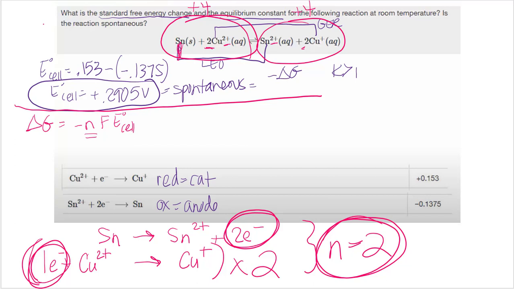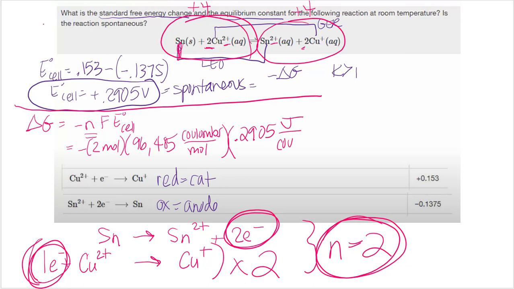All right, so when we plug this in, we're going to have delta G is equal to -2 moles times Faraday's constant, which is 96,485 coulombs per mole. And then times that by our Ecell, which we just found was 0.2905 volts. I'm going to plug in our other unit for volts. 1 volt is equal to 1 joule per coulomb.